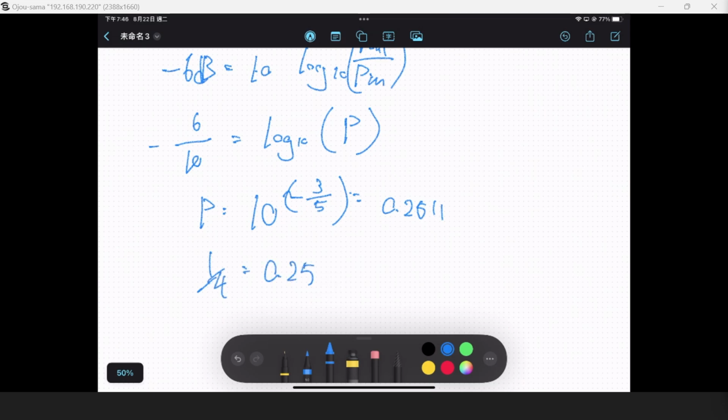That's why we said that negative 6 dB equals 1/4 of the original. Okay, this is how you do the math.